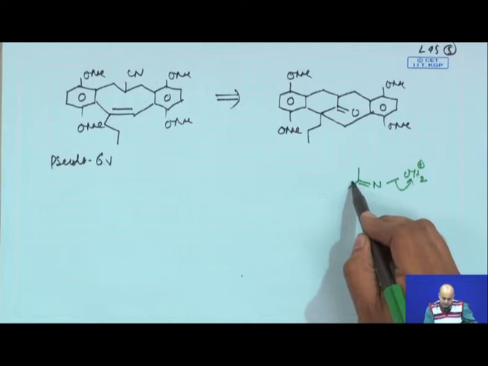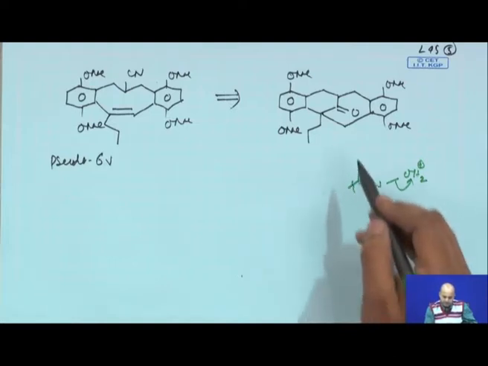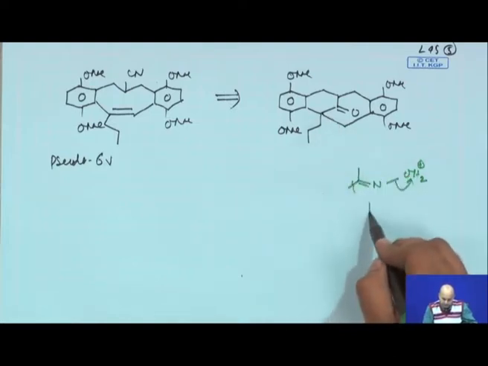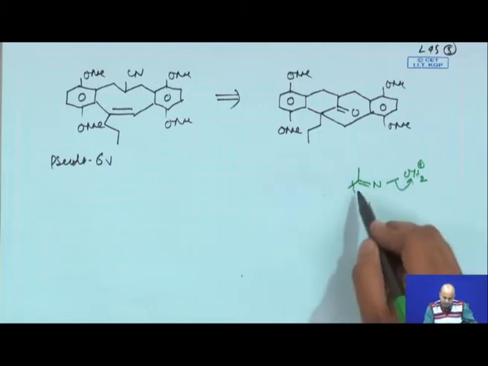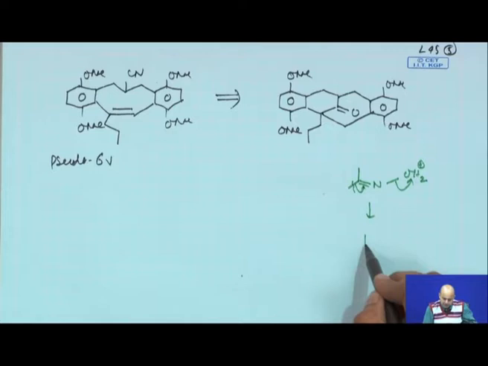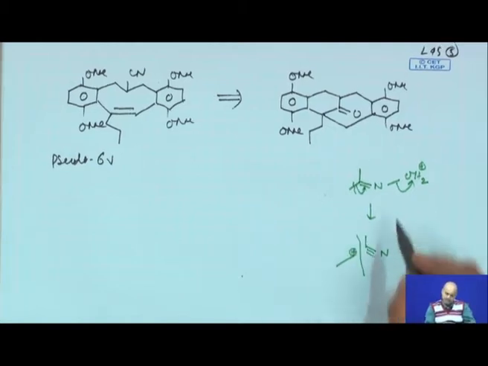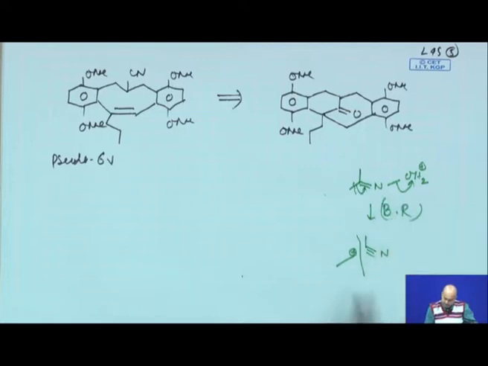This particular bond will fragment, and in this way it puts its charge here to give you a nitrile and fragments in this way. So, this fragmentation we are talking about is basically a Beckmann type of rearrangement, but it is called Beckmann fragmentation.